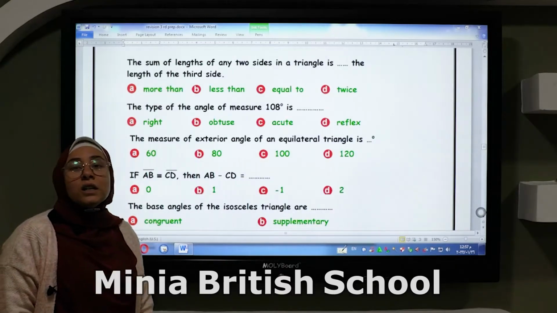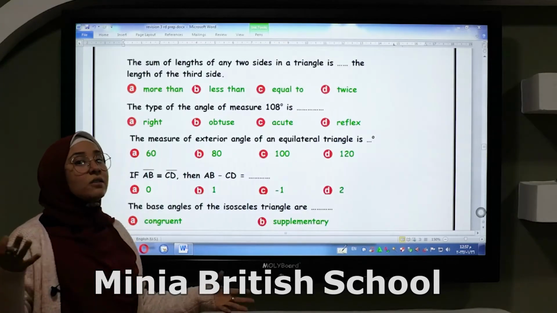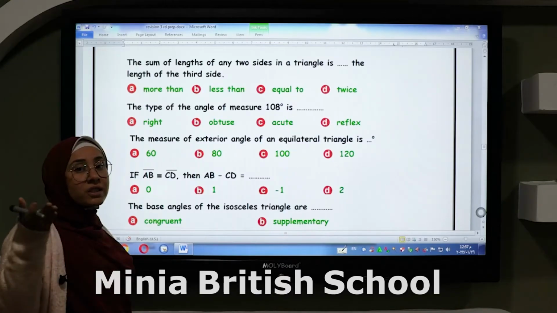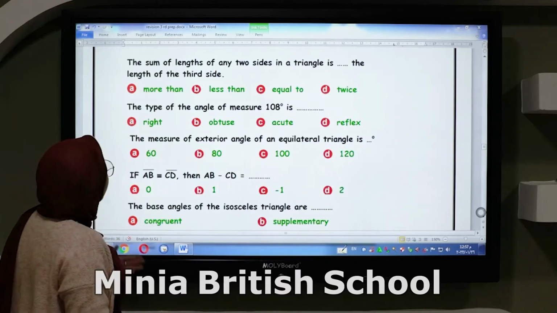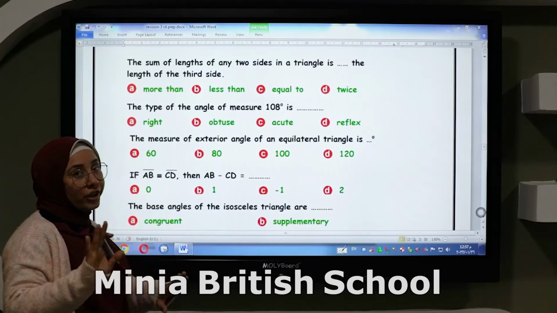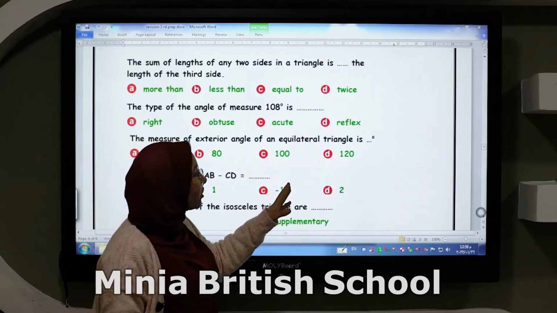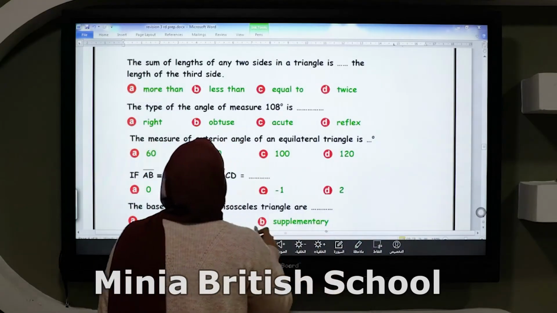And an angle greater than 180 and less than 360 is a reflex angle. But acute is greater than 0 and less than 90, and right equals 90 degrees. The measure of the exterior angle of an equilateral triangle is 180. Is what? 180.